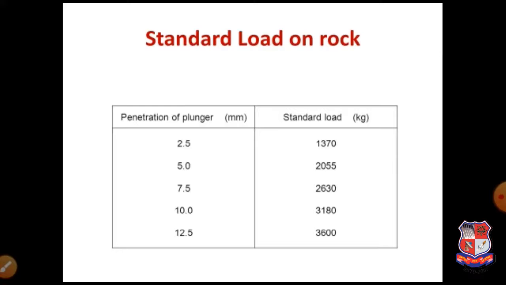The standard load on rock is shown in this table. For 2.5 mm penetration of the plunger, the standard load for rock is 1370 kg, and for 5 mm penetration, the standard load on rock is 2055 kg.